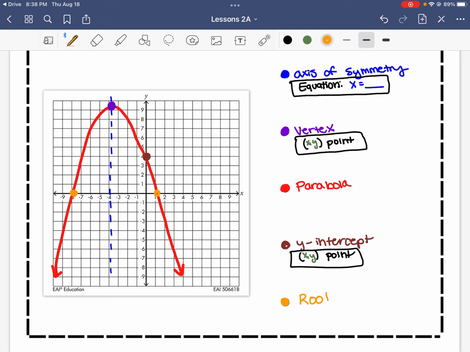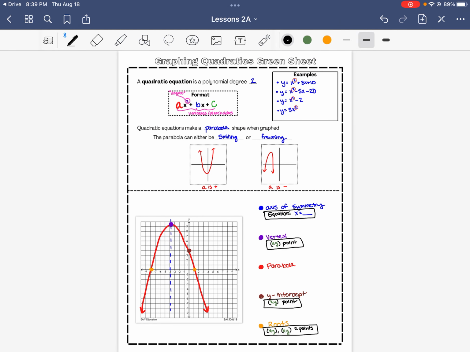It's called the roots because in the tree, the roots are where the tree meets the ground. Now this is usually 2 points in which they are intersecting, right? We have 2 of them. So again, points are x, y. And so those are the features of our parabola.